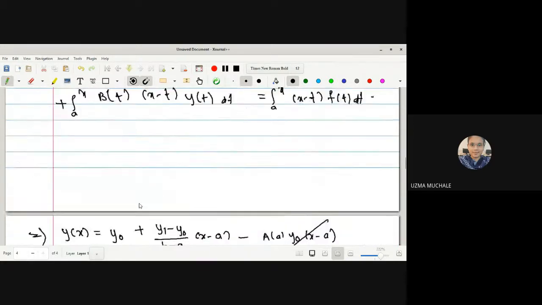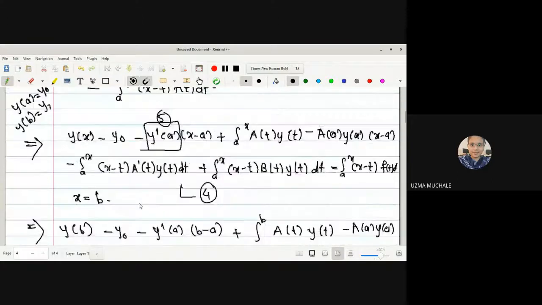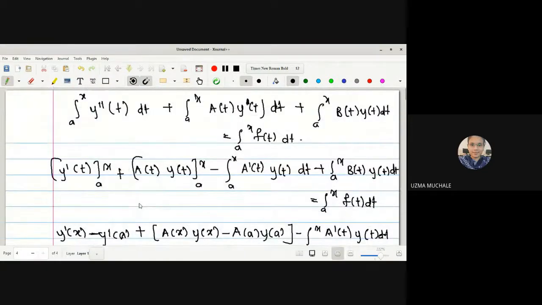Okay, let me repeat this in short so that the idea will be somewhat clear. What we have done in the first step, we have integrated the equation directly without substitution. For the IVP, we did substitution: y double dash is equal to some phi of x.